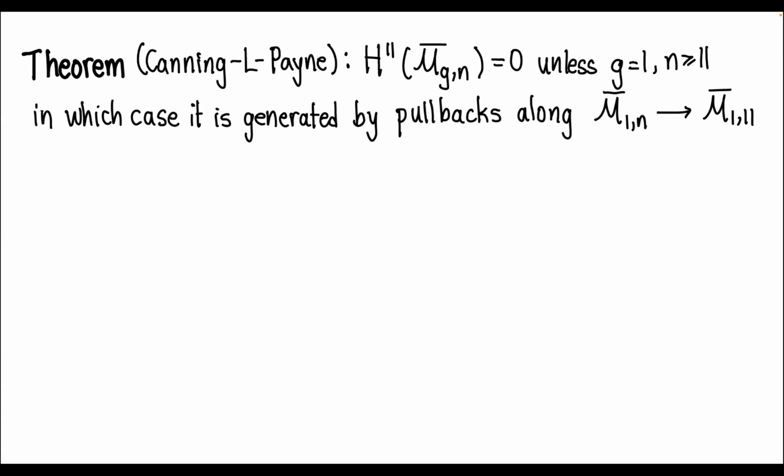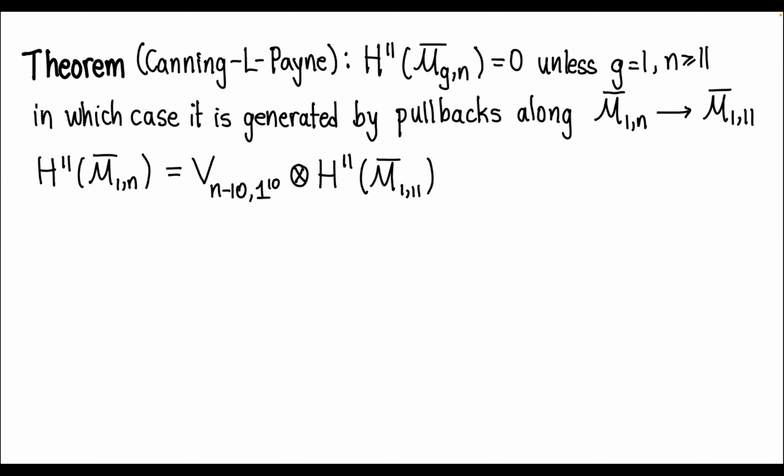Just think about your M_{1,n} bar and forget a subset of all but 11 points. Then you can pull back H^11 from that copy of M_{1,11} bar. And these pullbacks generate all of H^11. We also know all the relations among those pulled back classes. In fact, we know H^11 of M_{1,n} bar as an S_n representation.